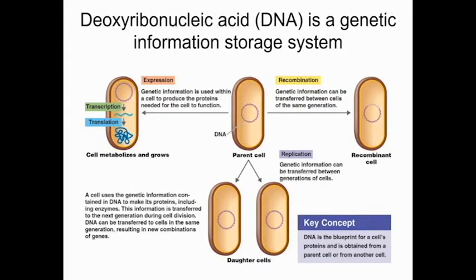So the transformation, basically, is you incubate the bacteria cell with the DNA, and then the bacteria cell will uptake the DNA. That's called transformation, which we will explain in the next few slides. So that's the first mechanism for the bacteria to exchange the genetic material.